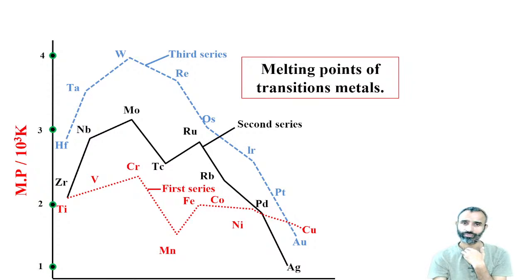That's why there is a dip for manganese and technetium, and as we go down the group, melting and boiling points increase because electrons are more freely available for bonding.